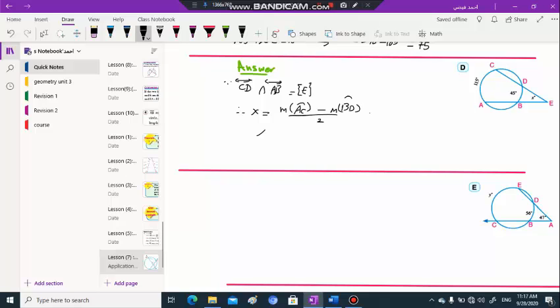So X equals 115 degrees minus the measure of arc BD, 45 degrees, divided by 2. So 115 minus 45 divided by 2 will be 35 degrees.